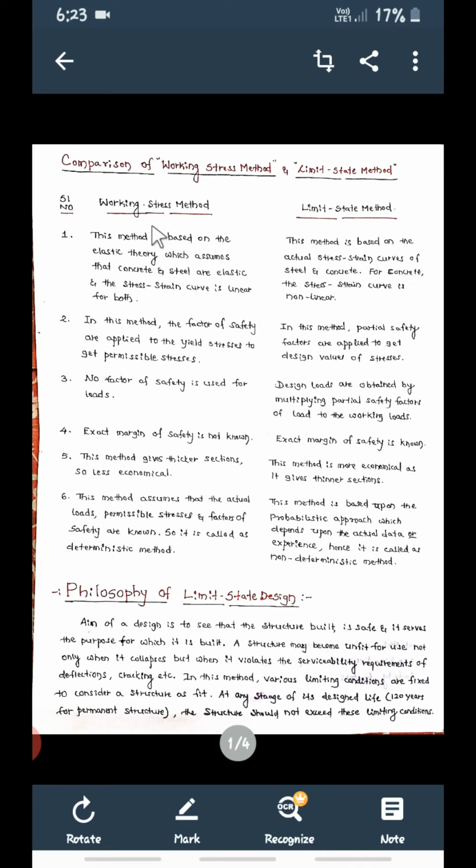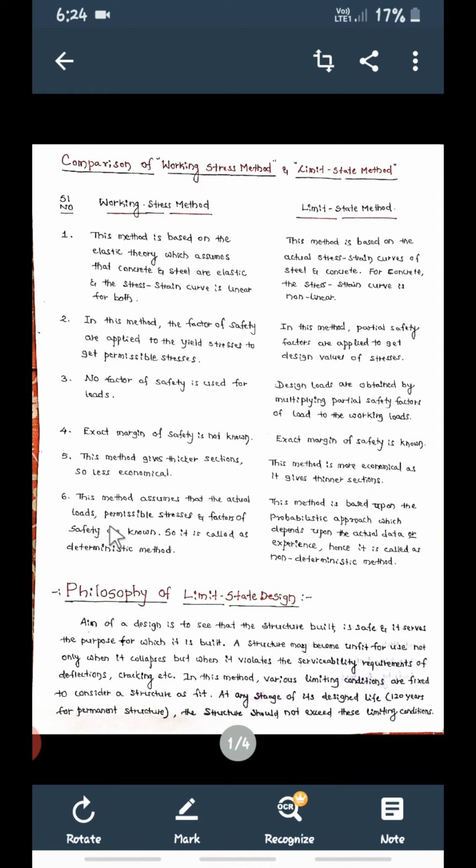In the limit state method, this method is more economical. Why? As it gives thinner sections, the dimensions will be less, and because of these thin sections it is more economical compared to the working stress method.